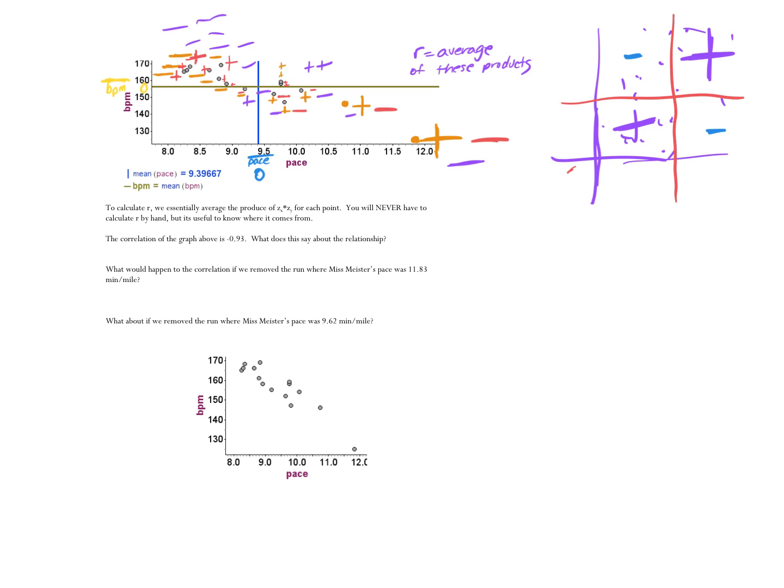Now, you guys will not have to do any of these calculations, okay? Your calculator does them, or I will give them to you. What I need you to get is R measures how strong a relationship is. R equals strength.